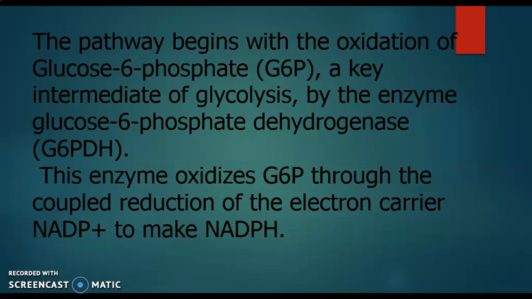What is the function of this enzyme? This enzyme oxidizes G6P, glucose 6-phosphate, through the coupled reduction of an electron carrier. Oxidation means release of electrons, loss of electrons. This results in the reduction of the electron carrier NADP to make NADPH. So this results in the synthesis of NADPH.